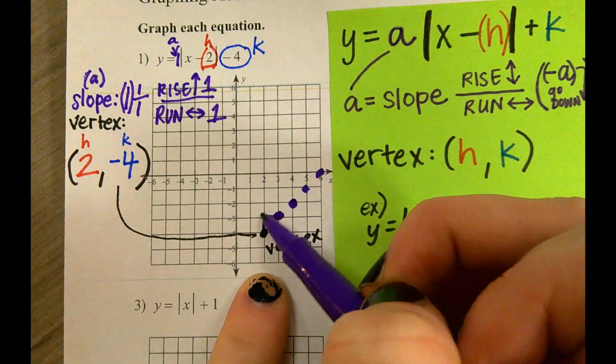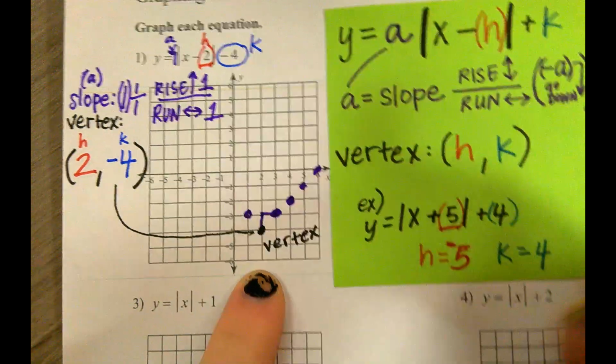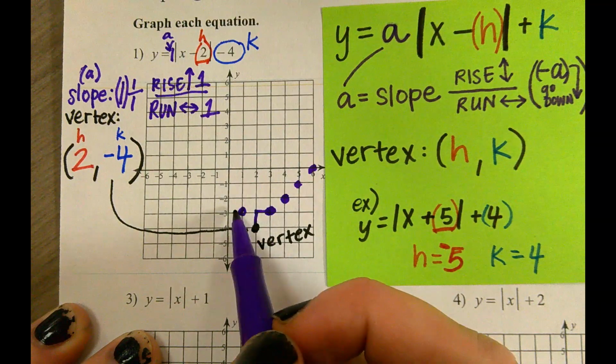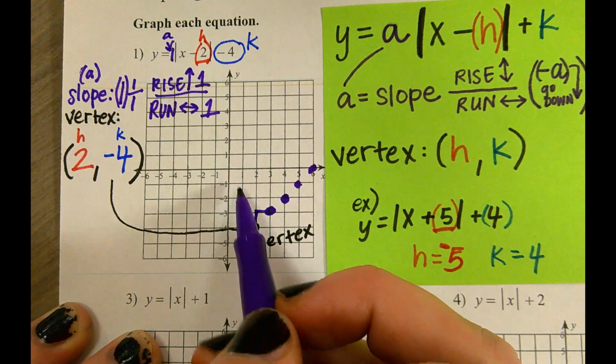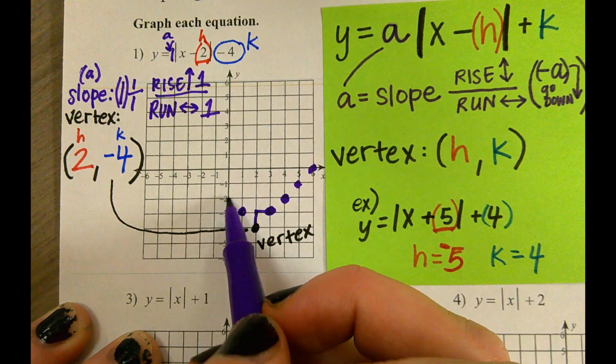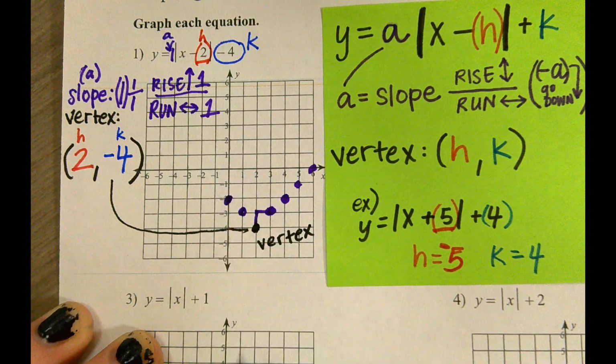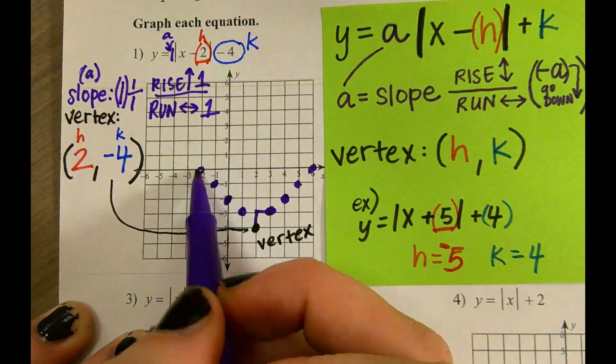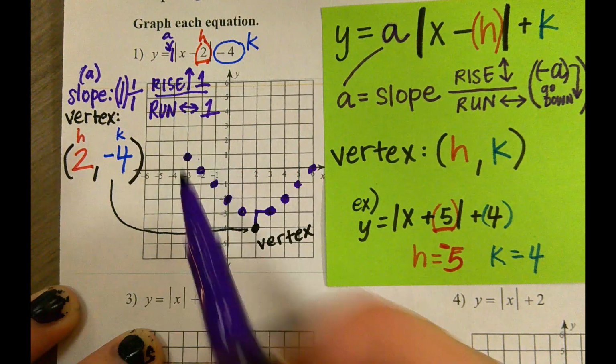We're doing both directions because we need that V shape. So we went up 1, over 1, up 1, over 1, right here. We could keep going, up 1 over 1.